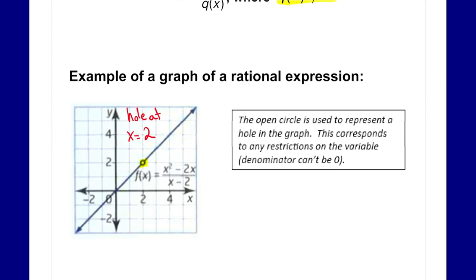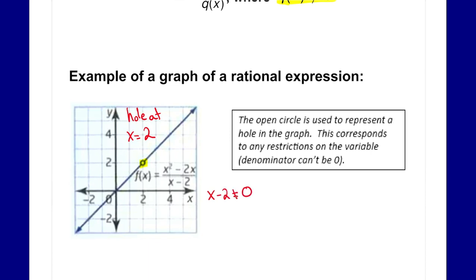Think back to when we looked at domain and range. We did look at some rational expressions. If I look at this denominator, x minus 2, we talked about rational expressions. We cannot have x minus 2 equal to 0.